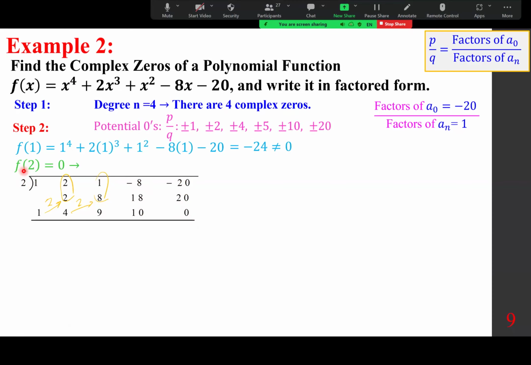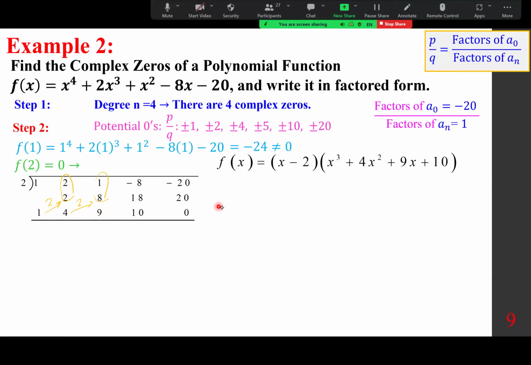Now, this one has degree 4, so this one has degree 3 because we go down by one. So it's the product of this thing. It's x minus 2, and now this one is x cubed plus 4x squared plus 9x plus 10. Again, x minus 2 because f of 2 is 0, and this comes from the bottom row.